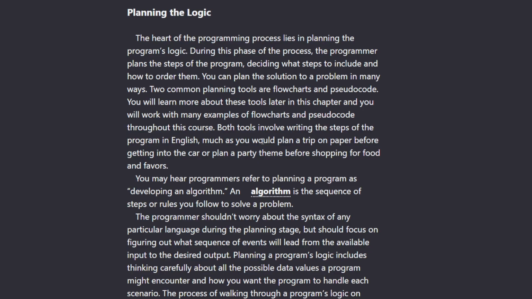This is basically what I learned in this course back in first term. So flowcharts and pseudocode are very important. You will learn more about these tools later. Both tools involve writing the steps of a program in English.